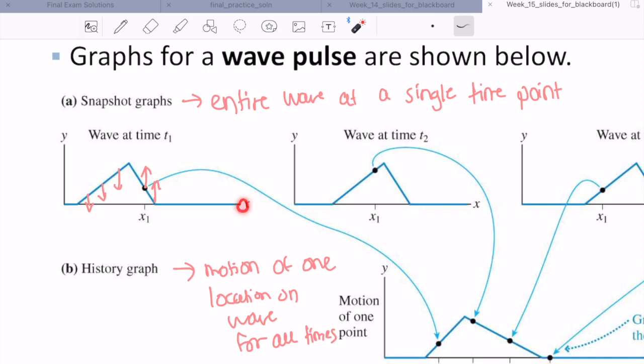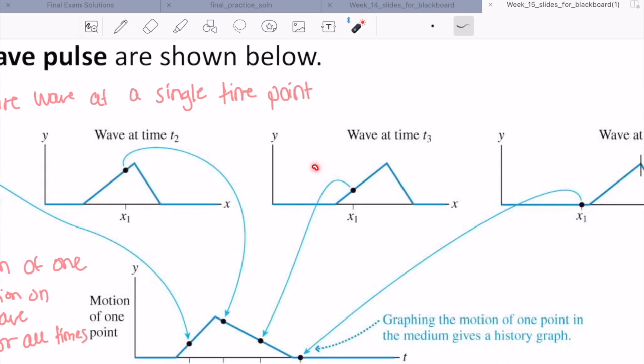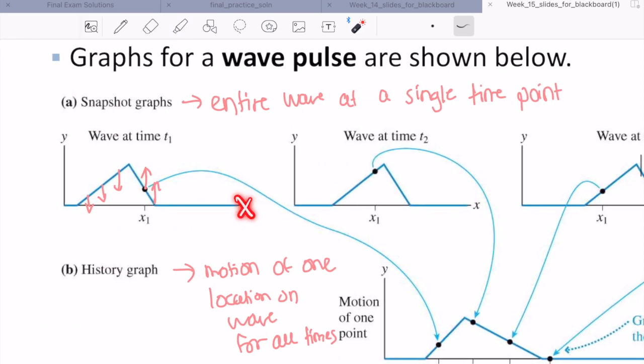So the x-axis would be your specific distance along the wave, your specific bead point. If I'm looking at x equals 1, this might be the green bead, right? And then every single snapshot graph is a different point in time. But what you see along the x-axis is just the position of the medium, the position of the particle that you're looking at. And then the y-axis would just show you basically how the wave looks, the behavior of the wave.